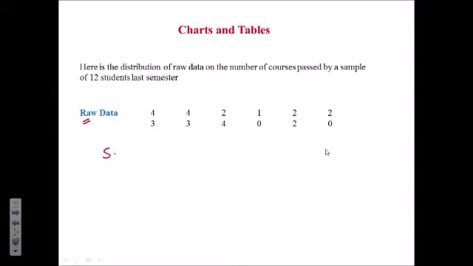One thing we could do is sort the data to put the scores in order. So we could put them in order either lowest to highest or vice versa. Let's start with the lowest. 0, 0, 1. We have 2, 2, 2, and 2.